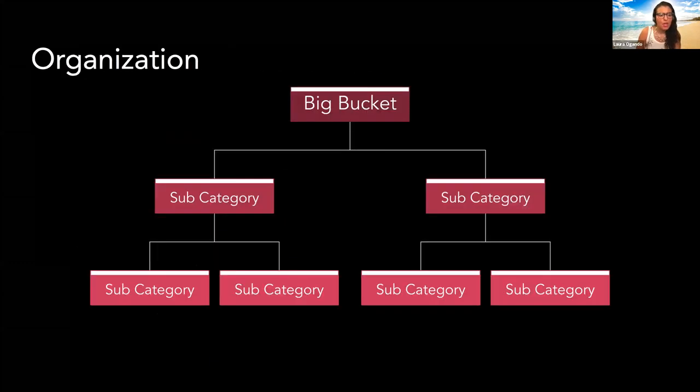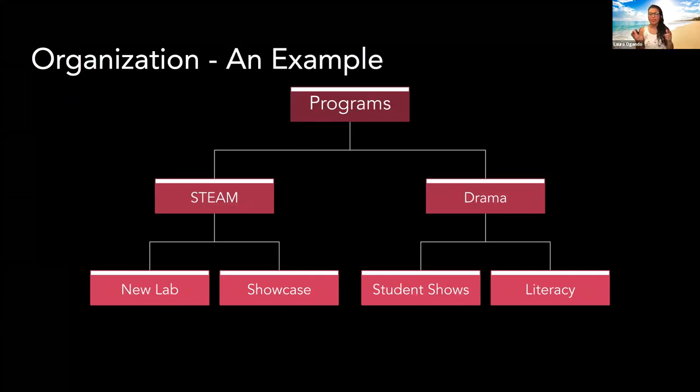All right. So when we think about organization, we want to think in these buckets, right? Big bucket, and then the subcategories that go within it. So for example, thinking about 160 again, that exemplar, they thought very clearly about their programs, and they have several, right? So thinking about what programs do we offer, and then what lives under each of those programs. If you're offering a very robust STEAM program, maybe you're highlighting the new lab, maybe you're highlighting the showcase that happens every spring, right?